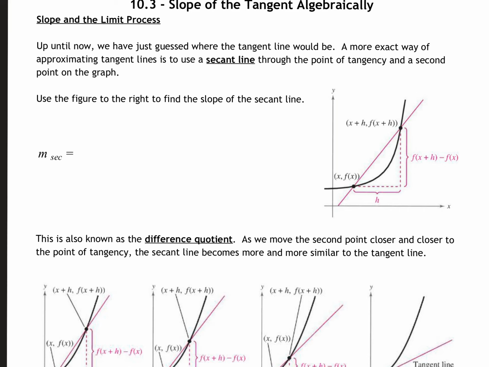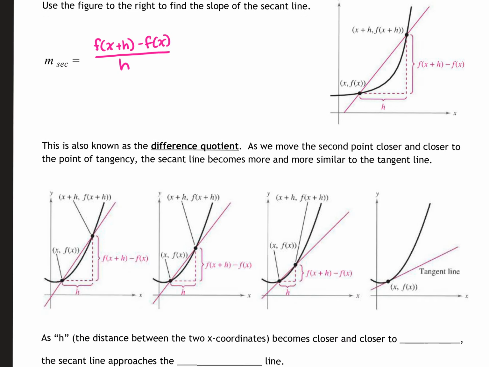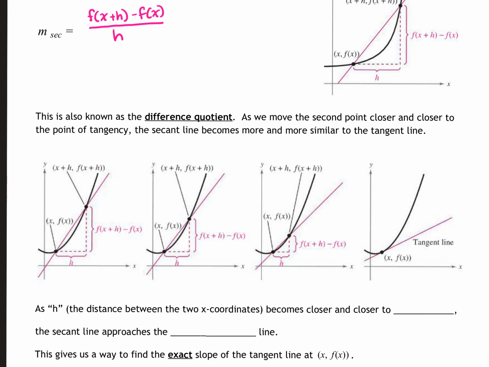So when we're looking at what we would find as the slope of that secant line that we see on the picture there, it's just whatever that value is. We don't actually have an exact value for it, but it's f of x plus h minus f of x over h. Okay, so as we move that, now we know what this is.